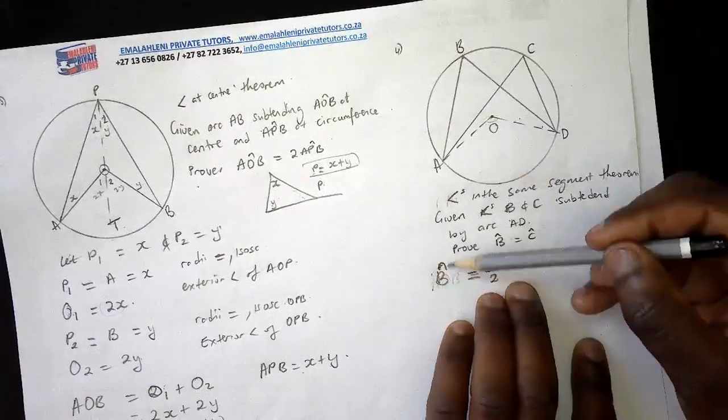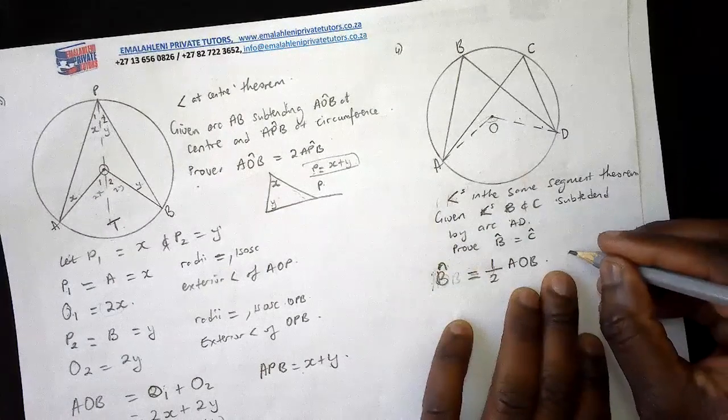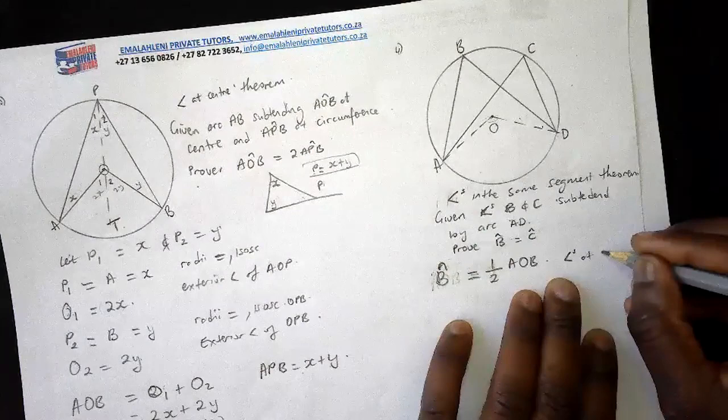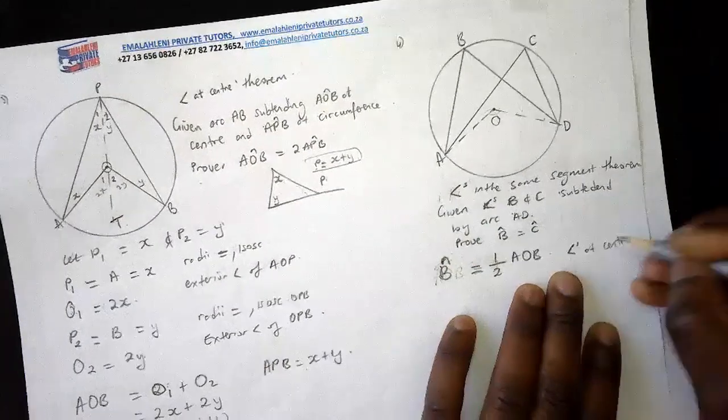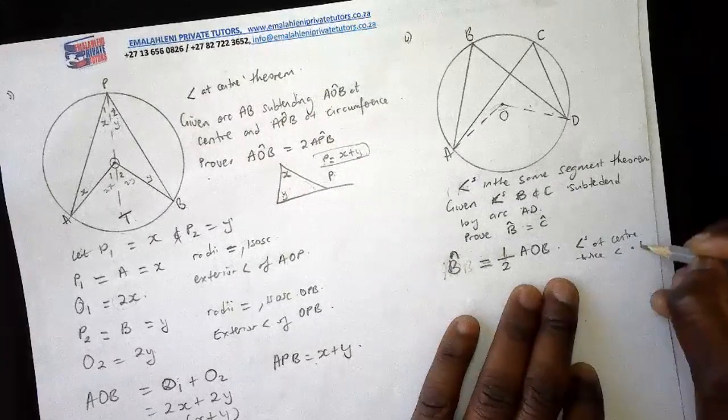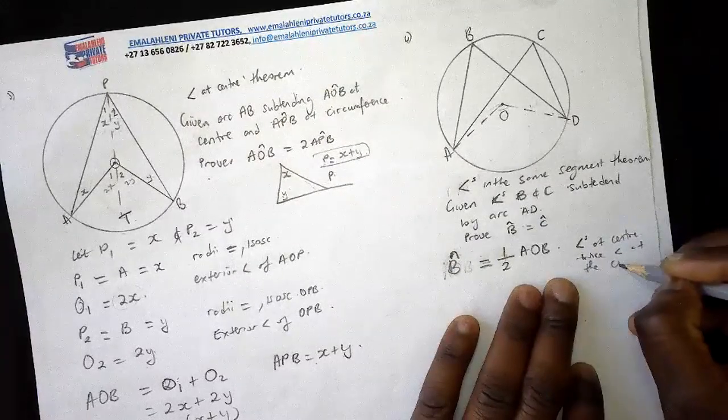So what does it say? Angle at the center is twice angle at the circumference.